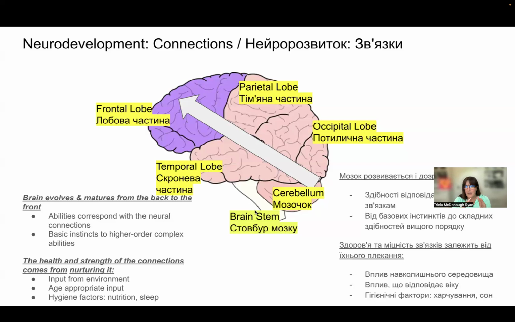And that these connections happen spontaneously, as well as they are a function of what is going on in a child's environment, what a child is exposed to, and this can include the positive things as well as things that can be detrimental. These connections also happen in an age-appropriate way, and that hygiene factors also contribute to these connections and the health of these connections, which would include nutrition, sleep, and exercise, for example.